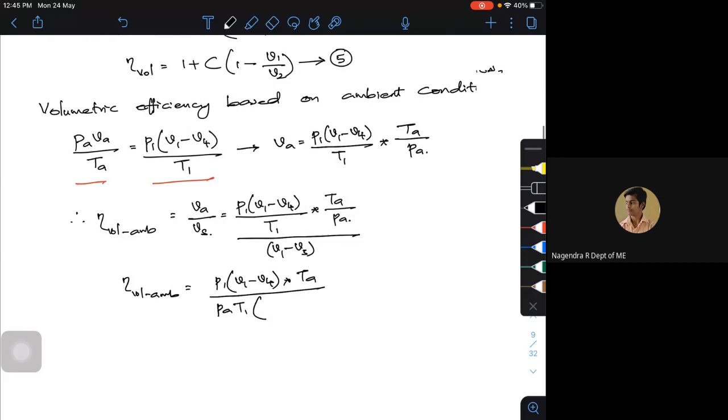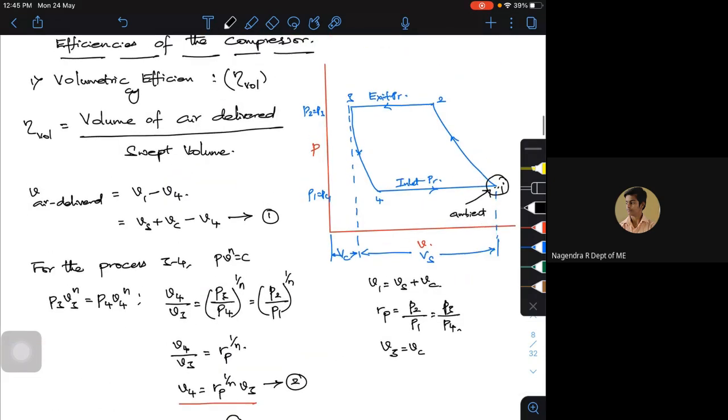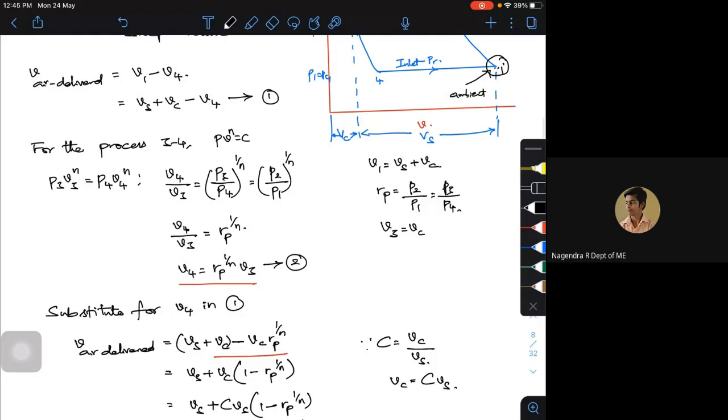If you go back and see, we have defined this particular thing: V1 minus V4, we write as Vs plus Vc minus V4. And V4 is equal to V3 into Rp to the power of 1 minus n. I'm going to write the same expression for V4.